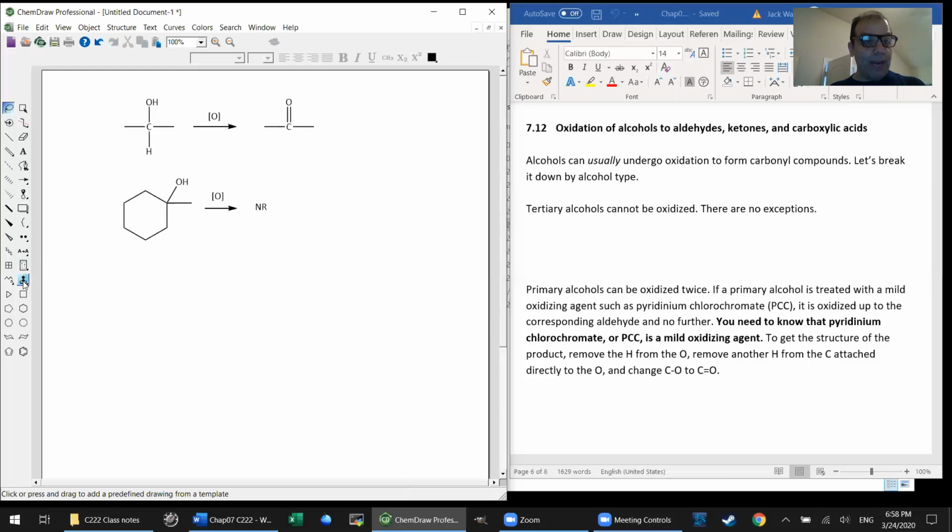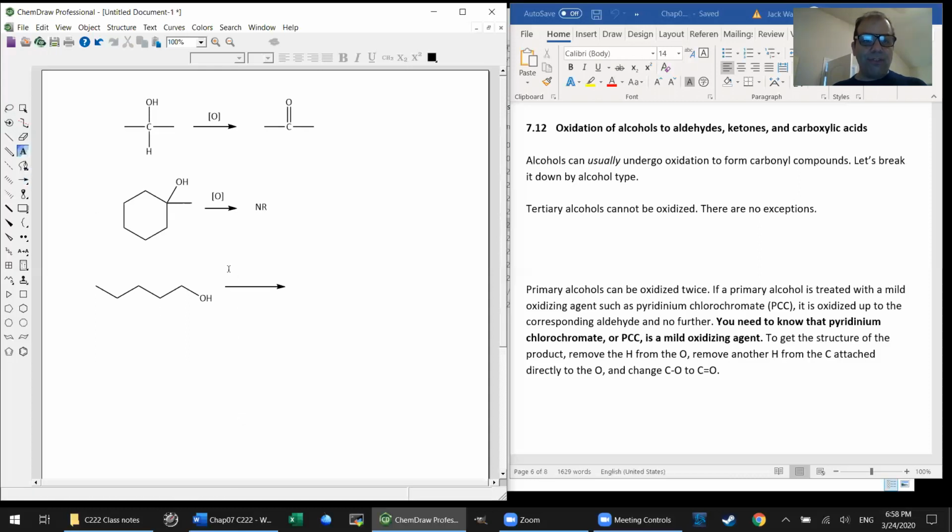What about primary alcohols? With primary alcohols, we've got options. So let's use 1-pentanol for no other reason than I feel like it. That's a typical primary alcohol. You could pick any other primary alcohol you like in your example.